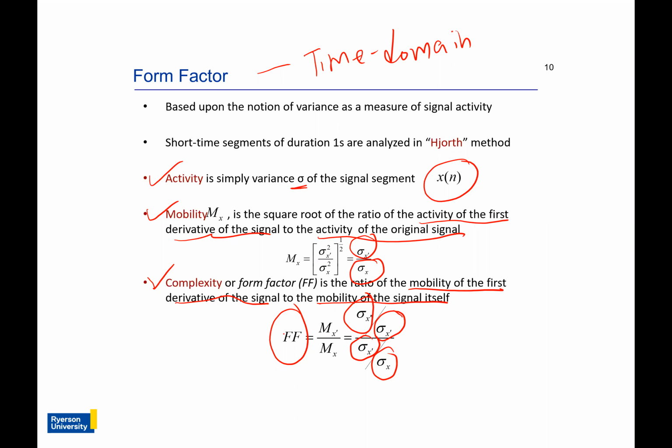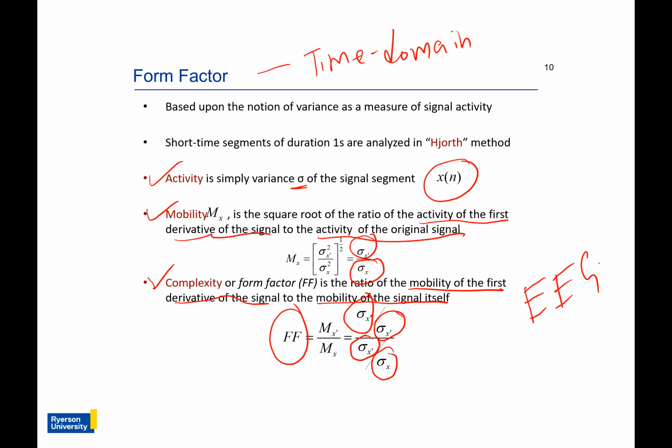It's nothing but taking the variance of the signal and its derivatives and putting them in a ratio, which gives you a numerical number, FF, the form factor. And this is a very strong feature for machine learning applications. Form factor has been proven very successful in classification with EEG, electroencephalography, signals, because EEG signals, unlike ECG, do not have a rhythm.